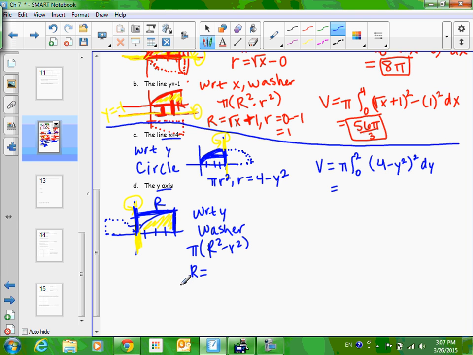That's big R. So it's 4 minus 0, or 4. This is the line x equals 4. This is the line x equals 0. It's the right curve minus bottom curve. It goes all the way through the shaded region, outside edge, all the way through to the line of rotation. Your R, big R, little r, whichever one you do, is always to the line of rotation.